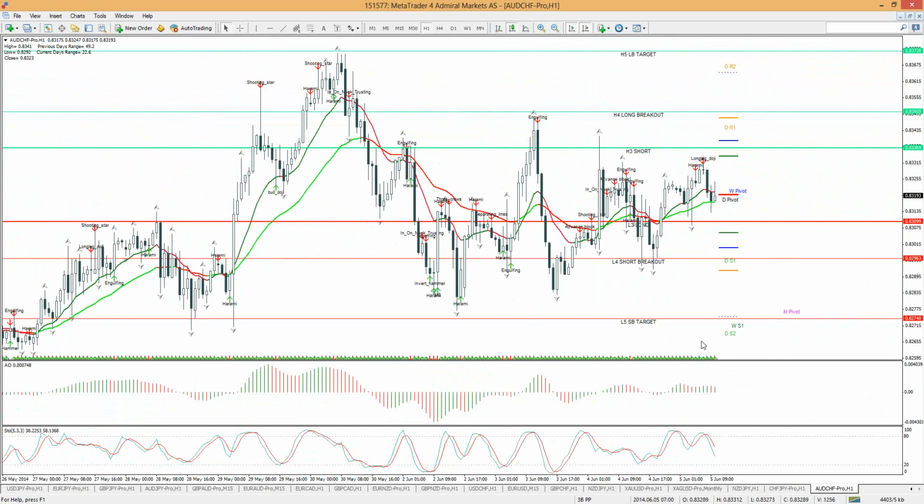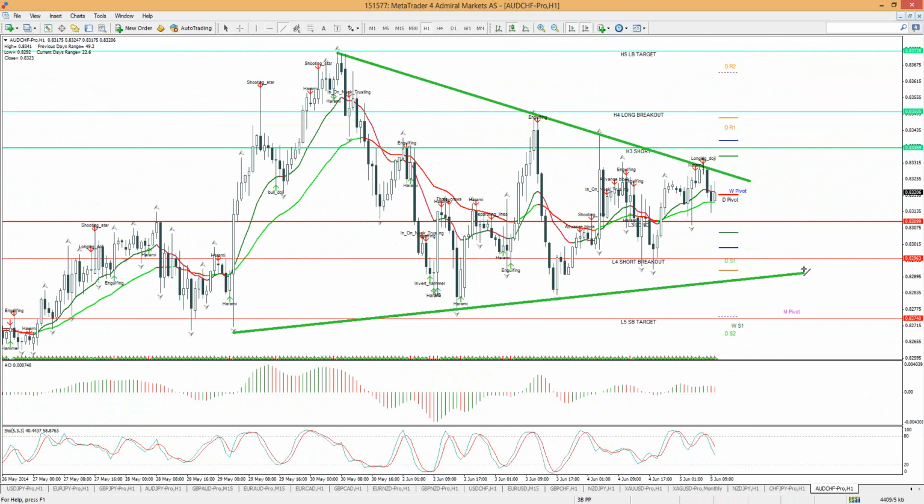This Aussie Swissy is still within the triangle, looking at it from a chart pattern perspective.